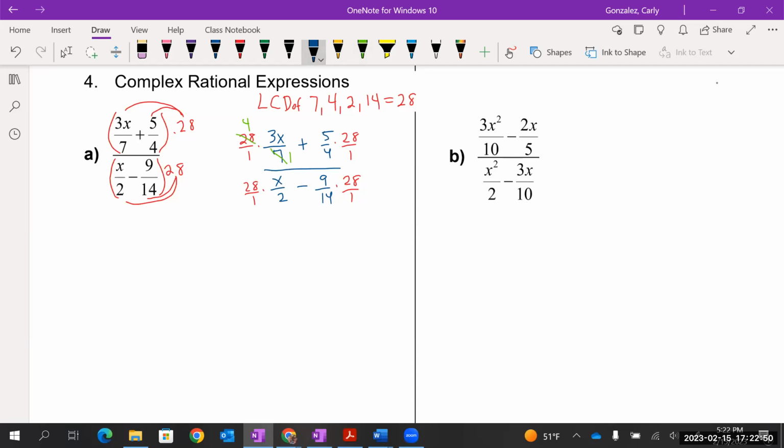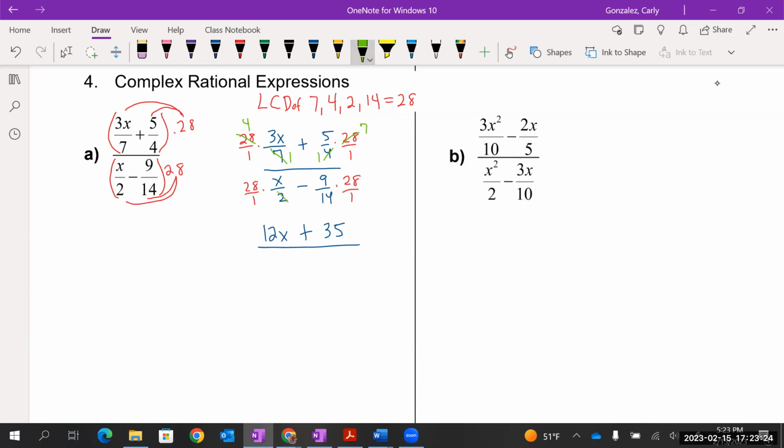And now I can multiply the 4 times 3x and get 12x over 1, or just 12x. Top right: notice 4 and 28 can both be divided by 4. So I will divide those both by 4 and get 1 and 7. And now 5 times 7 is 35 over 1, which is just 35.